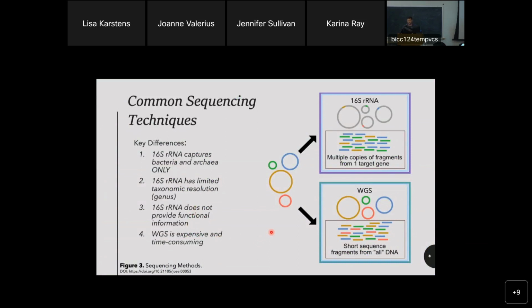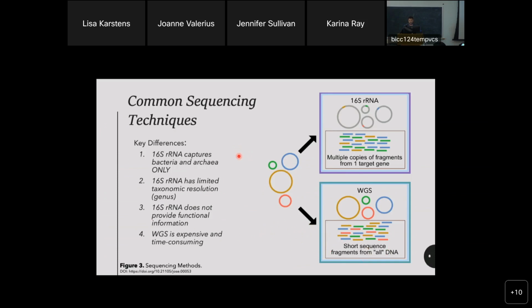And this gene is a perfect candidate for marker gene sequencing or amplicon sequencing, as it has conserved regions that are flanked by hypervariable regions, and the conserved regions can be used as targets for primers of amplification, whereas the hypervariable regions can be used to differentiate between specific microbes. This is opposed to WGS, which sequences short fragments from all DNA present in the sample. These differences in methodology reflect key differences in output.